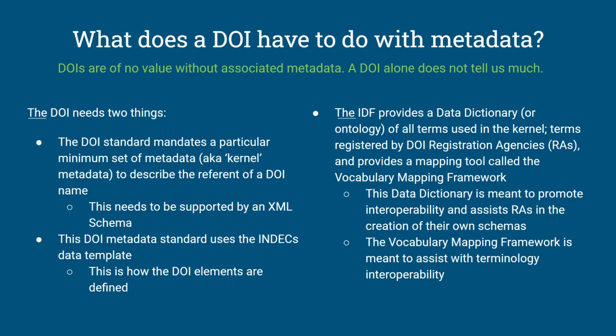The metadata standard that they use for the descriptive elements is based on the indecs data template. The IDF also, on top of that data template, gives a data dictionary or ontology of all the terms used in the kernel. These terms are registered by the DOI registration agencies, also known as RAs, and a tool is also provided called the Vocabulary Mapping Framework in order to assist with terminology interoperability.